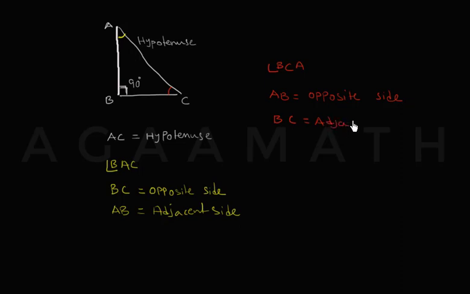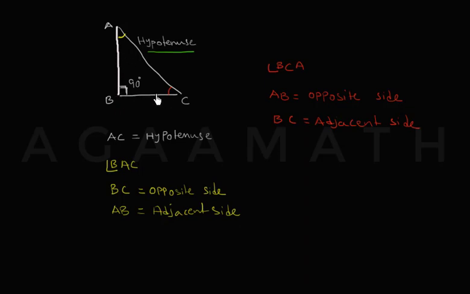So we have three sides of a right angle triangle. One of them is the hypotenuse, which is fixed. Only the other sides, AB or BC, change with respect to the angle, either A or C. If you take angle A, then BC is the opposite side and AB is the adjacent side.